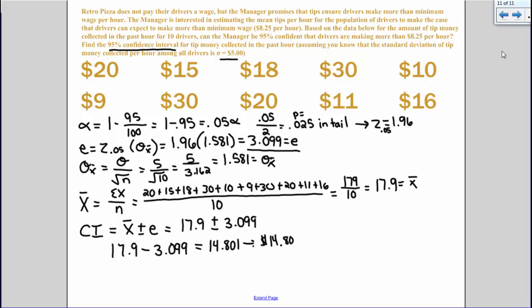All right. Then the upper limit of our confidence interval, 17.9, our sample mean, plus our margin of error. And we end up with 20.999. Or we could say, well, let's round it to 21 actually. It'd be $21.